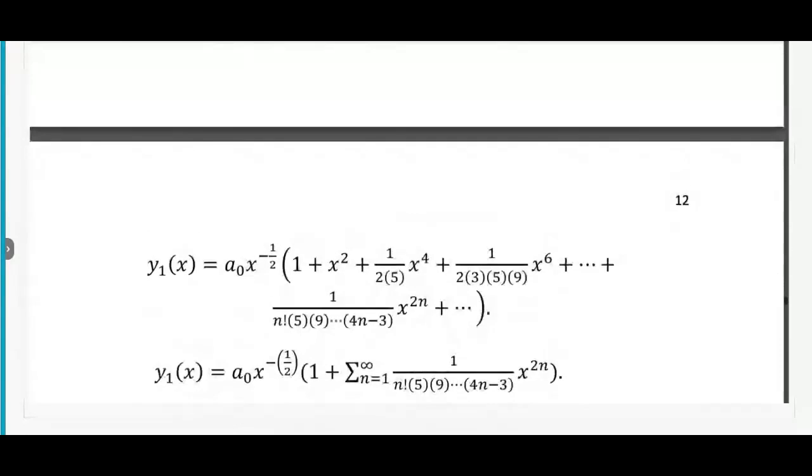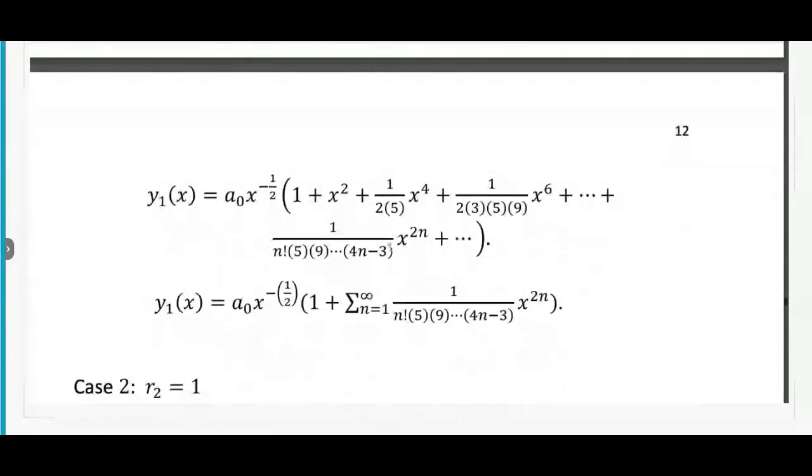Now let's see. So okay, the solution is just put back in. So this is the nth term, right? We can write out a couple of terms, or we write it in a summation sign. The r term is 0, so we have this a naught times x raised to r1, negative half. Then with this one, the even terms survive.